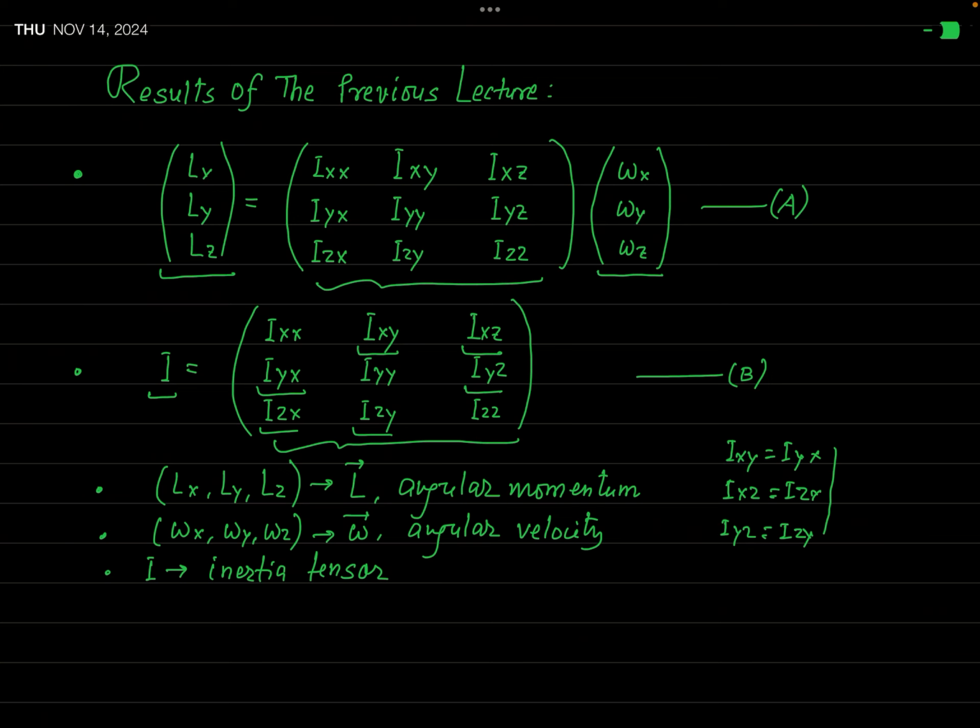Only the diagonal elements, which are Ixx, Iyy and Izz, will be non-zero and remain in the expression for the inertia tensor I. In fact, the axes relative to which the off-diagonal elements of this inertia tensor are 0 are called principal axes. Such axes are called the principal axes of the body, and the corresponding moments of inertia are called the principal moments of inertia.